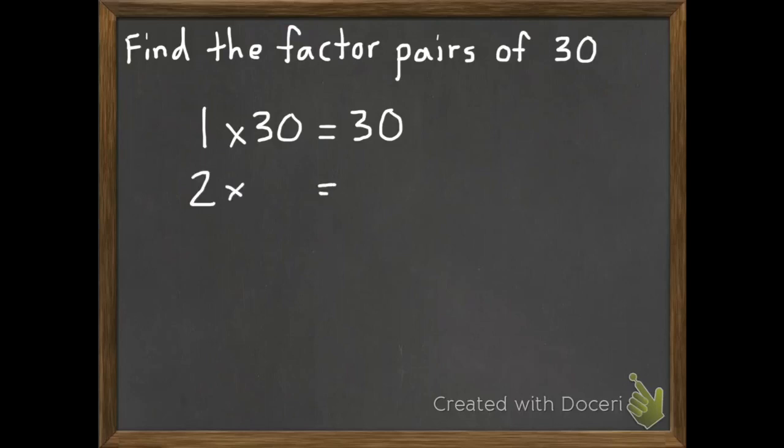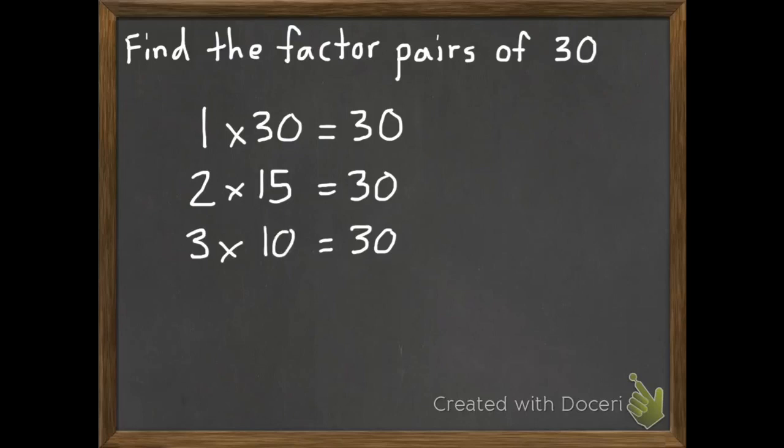So let's try 2. Is there 2 times anything that equals 30? 15. Let's try 3. 3 times what equals 30? 10. Let's try 4. I can't think of any. Let's try skip counting. 4, 8, 12, 16, 20, 24, 28, 32.